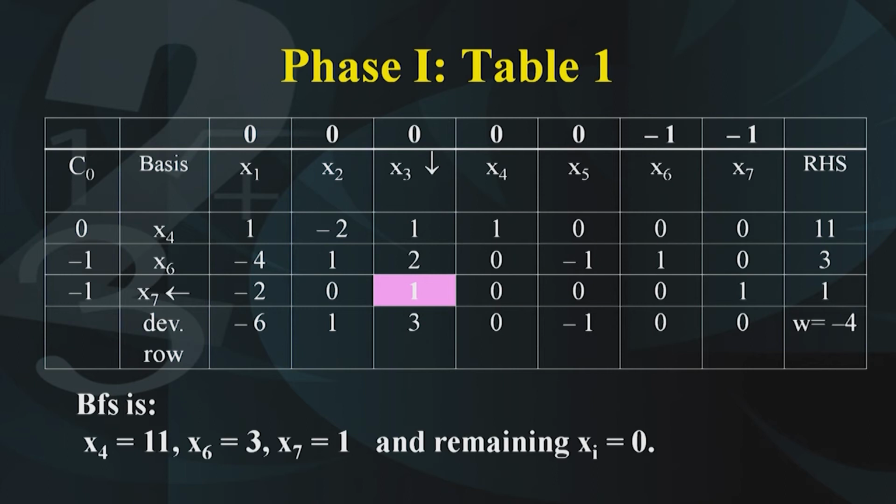Next comes another decision, that is, we want to find out which variable should leave the basis. So, what are we going to do? Yes, we are going to compute the minimum ratio test.